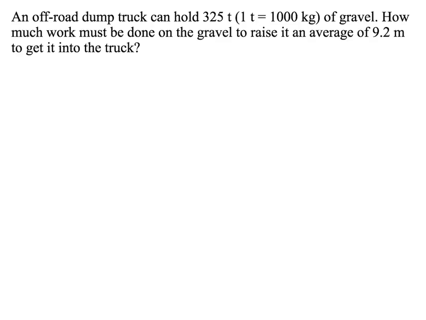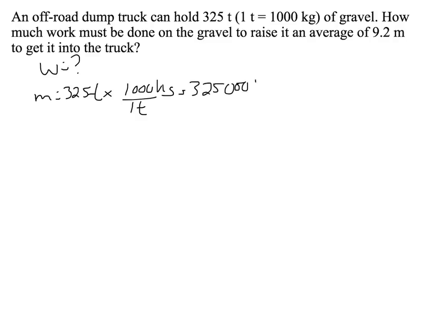Okay, so in this question, again we're looking for work. We're told the mass is 325 tons, and we know that 1 ton is 1,000 kilograms. Therefore, the mass we're dealing with is 325,000 kilograms. Work is our question, and distance is 9.2 meters. W equals Fg d, because that's the force, the force needed to get the load up onto the back of the truck.